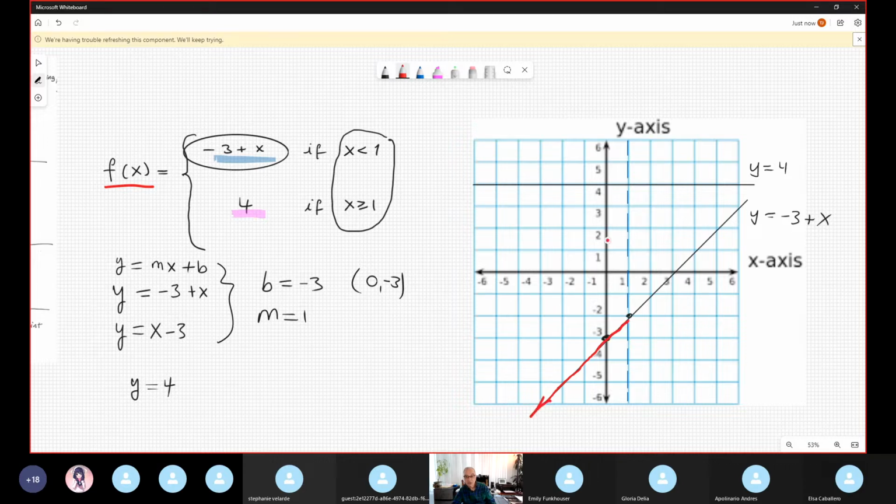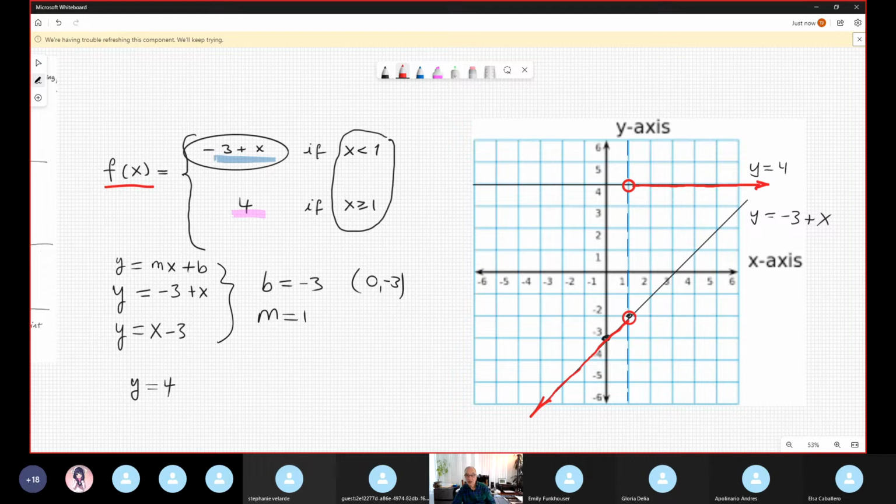This continues forever in that direction, and the symbolic way to indicate this idea is to put an arrow. This continues to negative infinity. And here we have a point. I don't know if it's closed or open. This is a super important detail. And you have a discontinuous jump, because we do not continue with the line, you jump to the horizontal line. So we have another important point, and you continue traveling after 1 along the horizontal line.